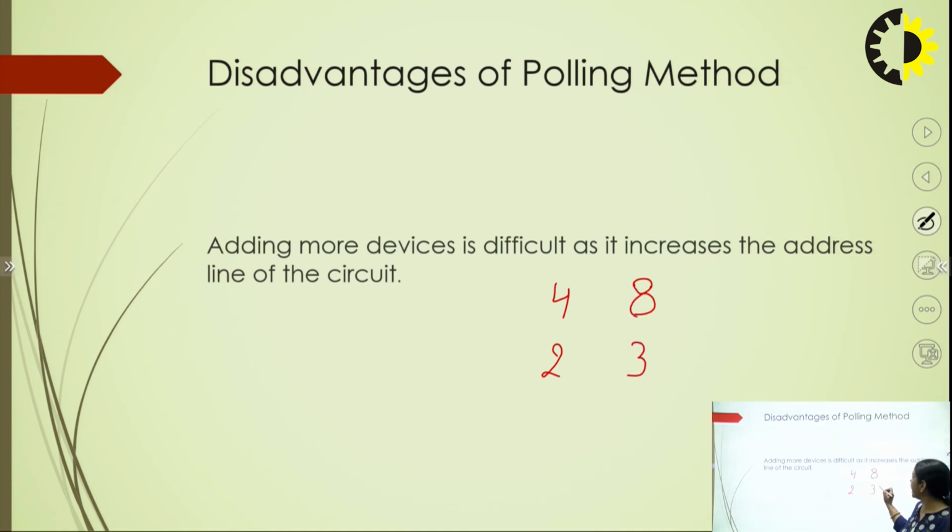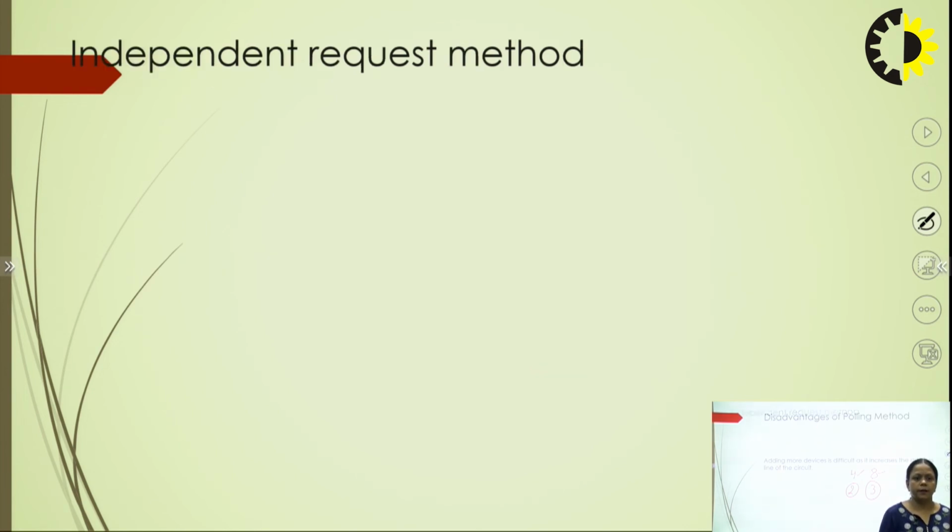So we can see here, if the number of devices increases, then the number of polling lines also increases. So this is the main disadvantage of the polling method. It is difficult to add more devices, because it makes the system very complicated and costly.